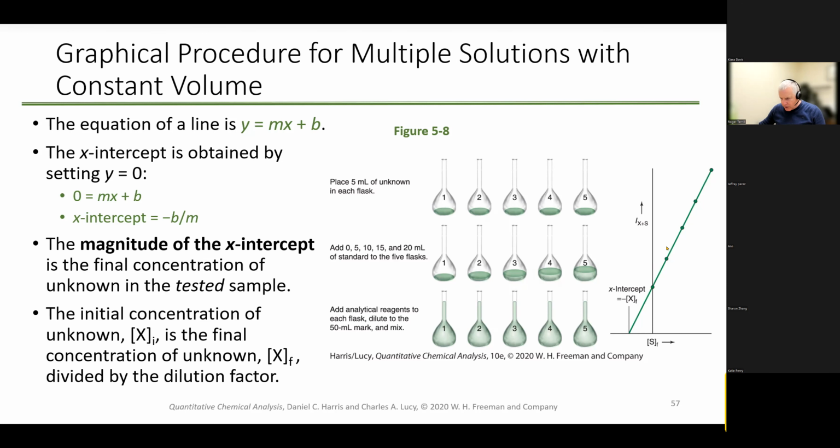We know the signal we get, right? Add some analyte, add some signal, add some analyte, right? And that's just given to us. Yes, the computer will spit that out.